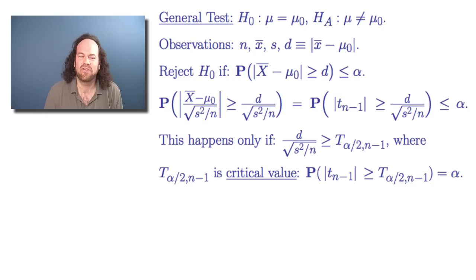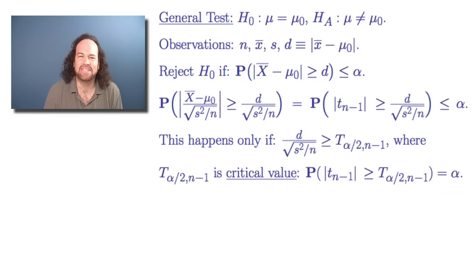So this is a critical value, and again, that's the thing that played the role of like 1.96 or whatever in our previous calculations. You can think of it as the value where we'd be right on the edge of rejecting the null hypothesis or not. If the observed difference is more than this critical value, then we'll reject it. If the observed difference is less than this critical value, then we won't reject it.